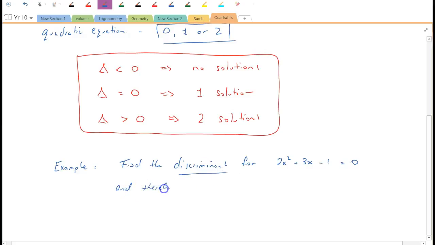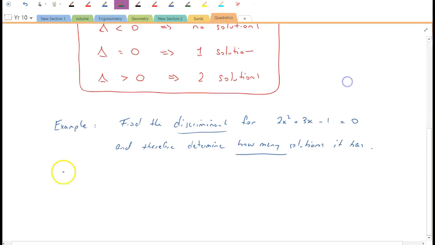We're not going to solve it, just find the discriminant. How many solutions? 0, 1, or 2. So let's go down here to the solution.